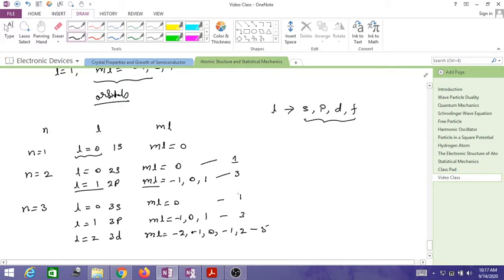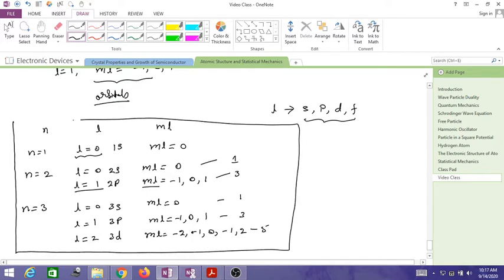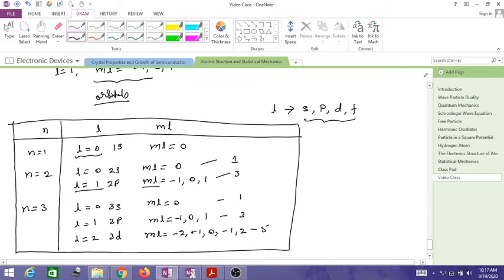Now if you represent the same thing in a proper table, just have a proper look here. I'll give you a couple of seconds to have a proper look at this table. If you put this in a table, with respect to the principal shells, the subshells and orbitals, then we'll get to see all this.